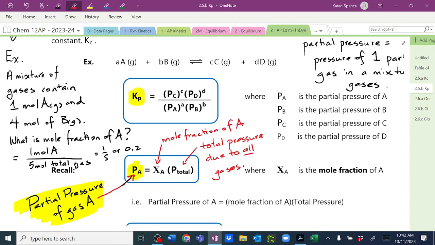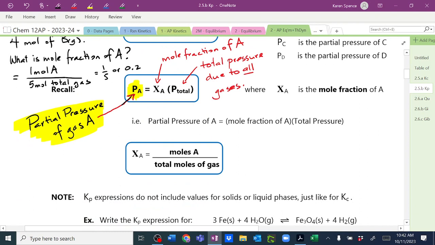What's 1/5 of 100? 20. So 20 atmospheres would be due to gas A. And with 4 moles of gas B, 80% would be 80 atmospheres due to gas B. It's actually really straightforward, so no worries if you didn't know it or you forgot it.